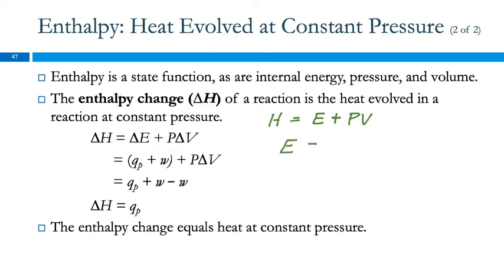We learned that delta E is equal to Q plus W. And we also learned that W is equal to negative P delta V. So we use this equation to change P delta V into negative W. We use this one to take the delta E into Q plus W, and we end up with Q plus W minus W. And it's kind of cool and disturbing at the same time. It's like this math voodoo that we do with equations.